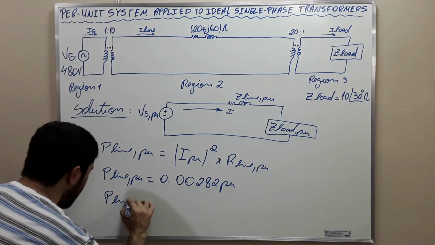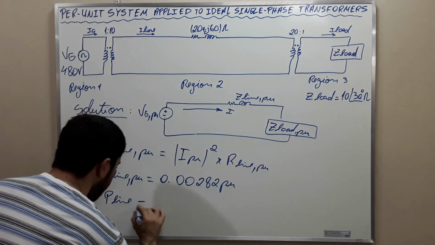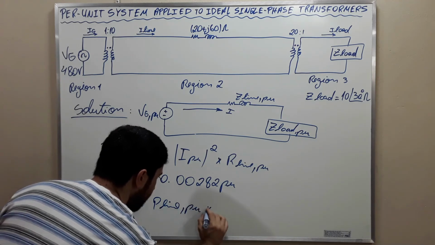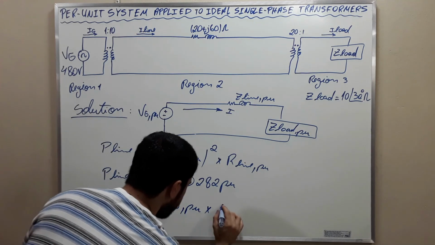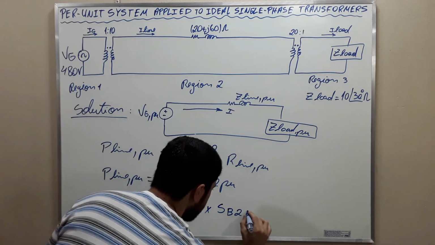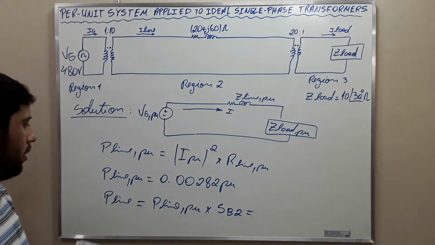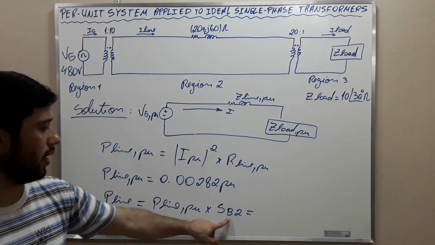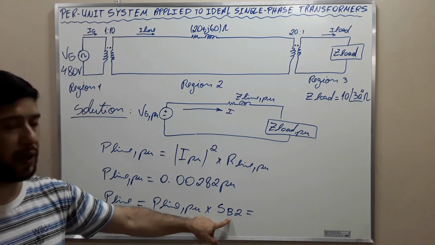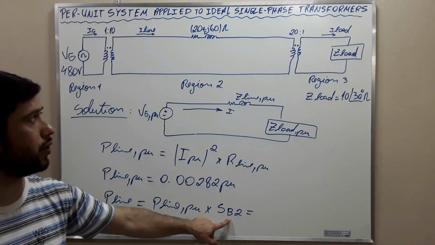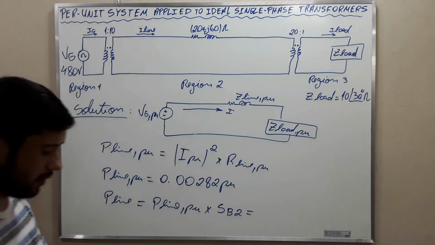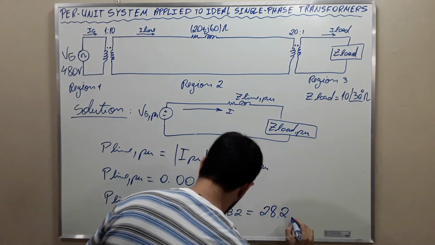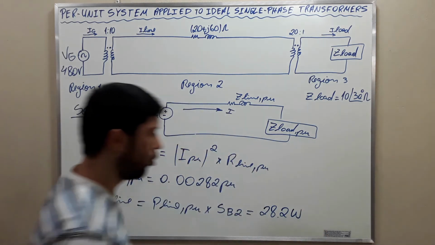And then P line is going to be, if we use this value here and the base value for the apparent power of region 2, we find 28.2 watts.